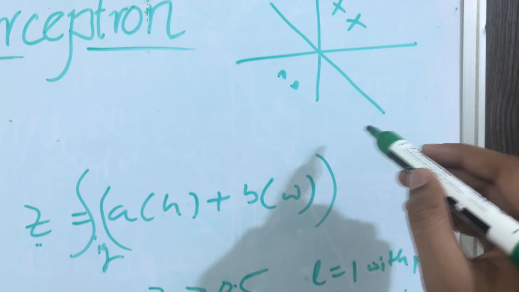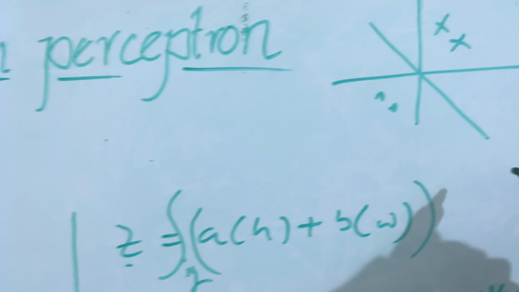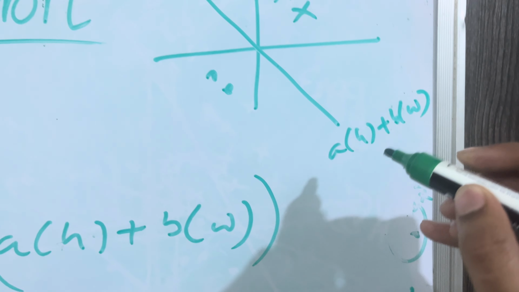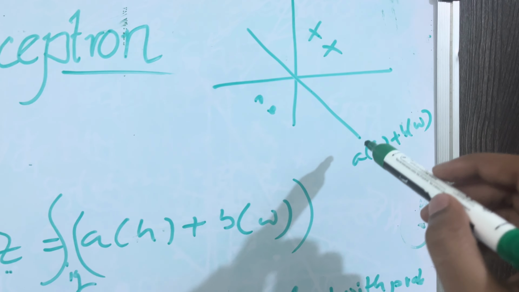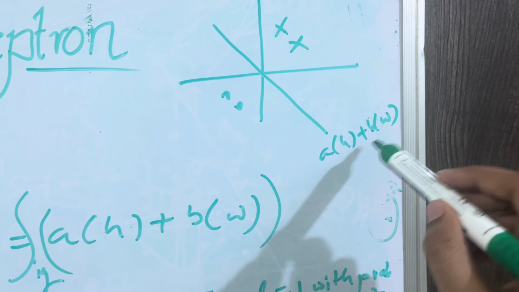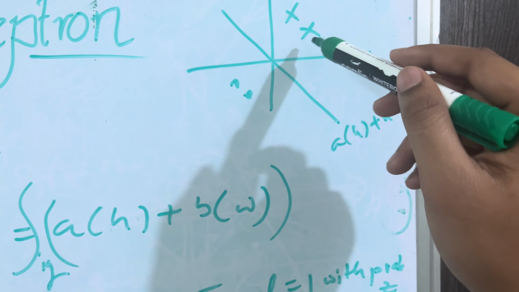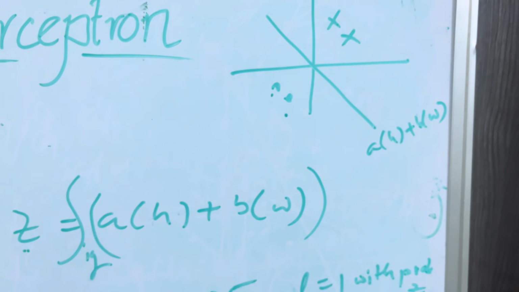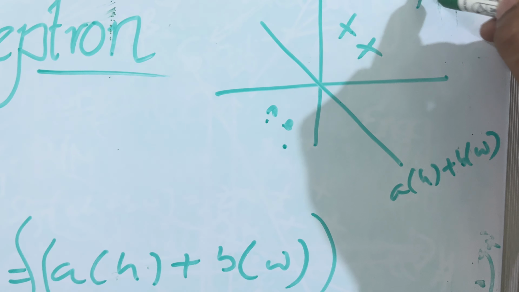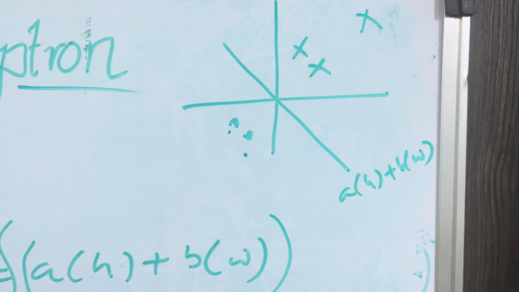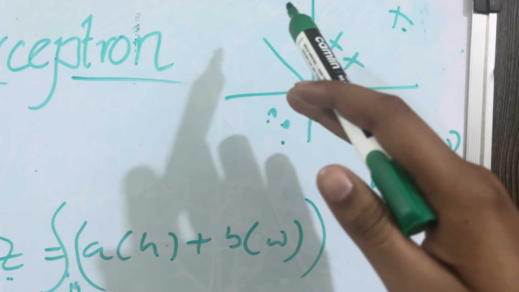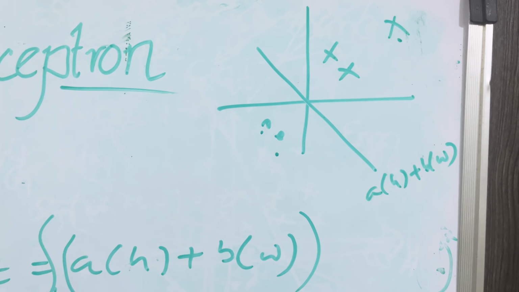This is our A into H plus B into W. If you take these 2 points and substitute them in the equation, it will definitely be greater than or equal to 0. If you take these 2 points, it is definitely less than 0. If you take this point, it is also greater than or equal to 0. But we can say this point is definitely in the upper region with higher probability.